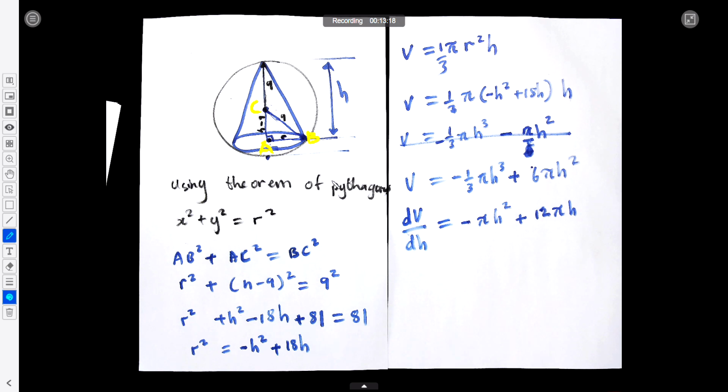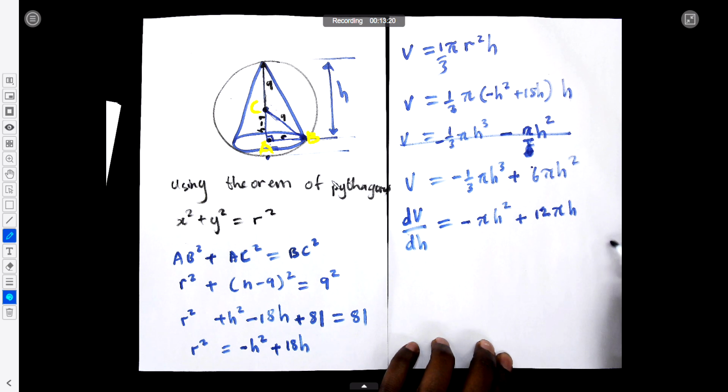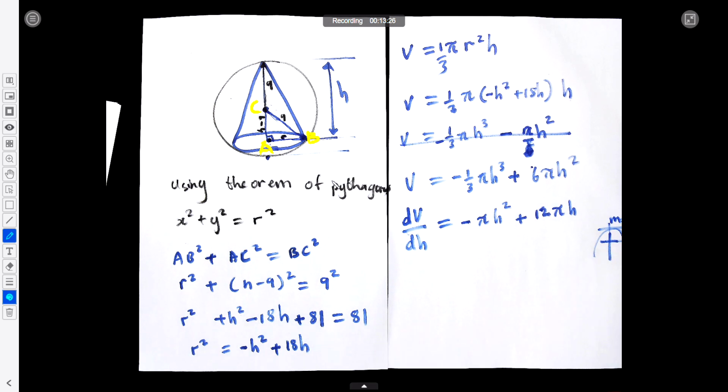So we have that. For a maximum volume, because of maximum height, we need to equate the equation to 0. I always give an example with a graph. We know at the maximum, the slope m is equal to 0. So dV over dh, that slope, is equal to 0.